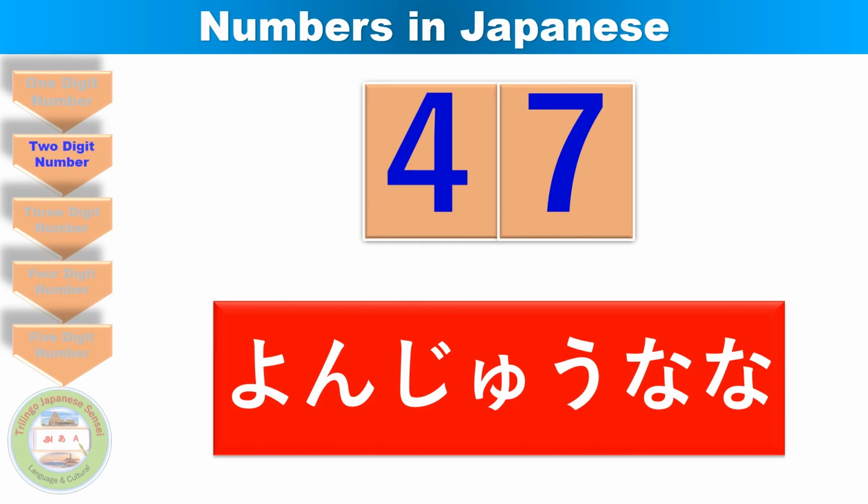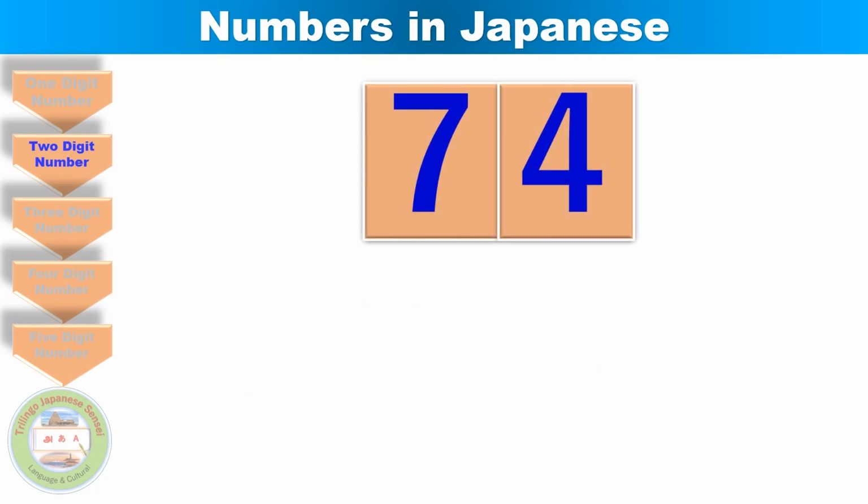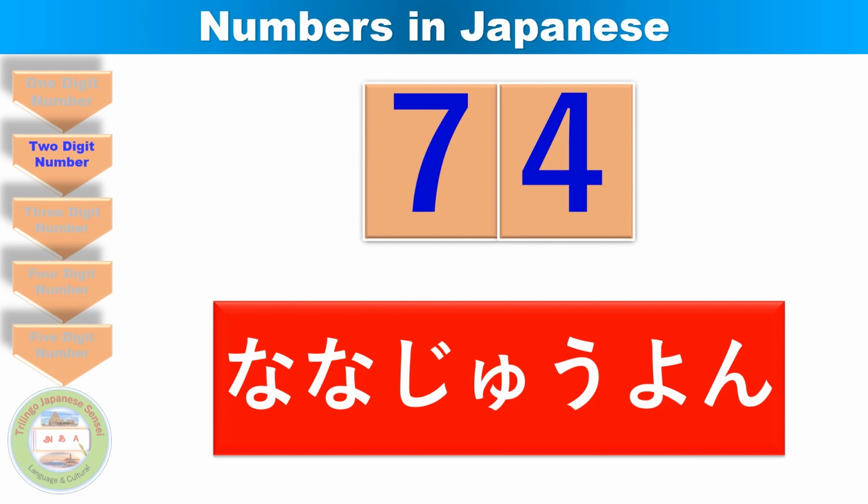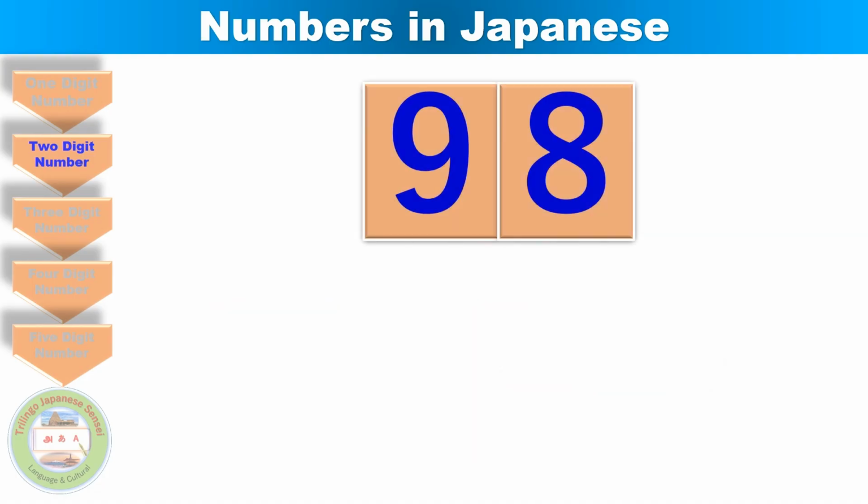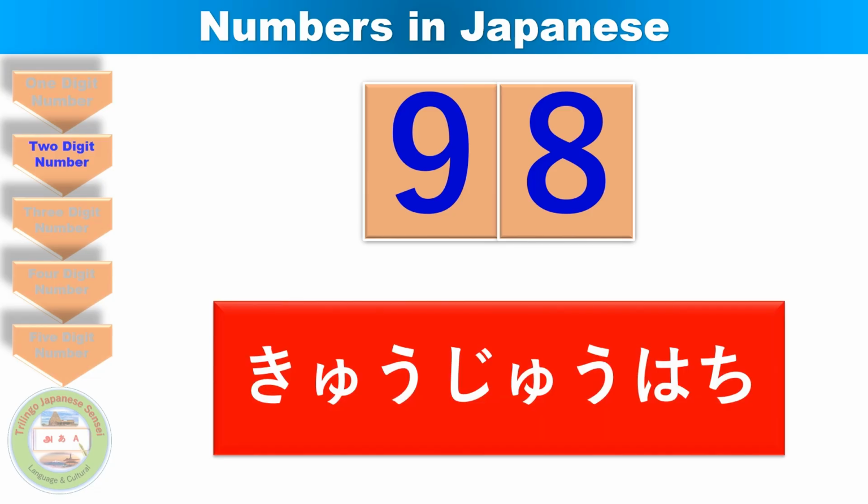Another quiz, 74. Here, 70 means nanaju, 4 means yon. Nanaju yon means number 74. Another one, 98. 90 means kyuju, 8 means hachi. Altogether, kyuju hachi means 98.